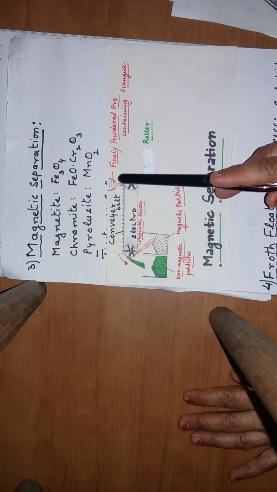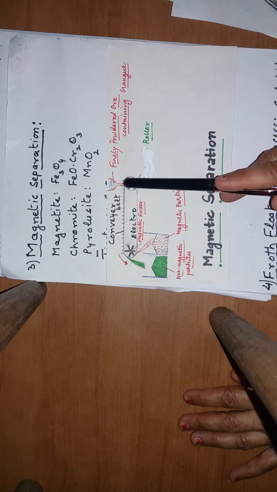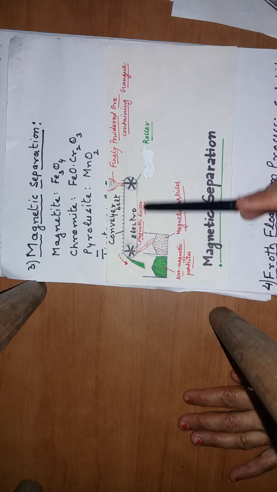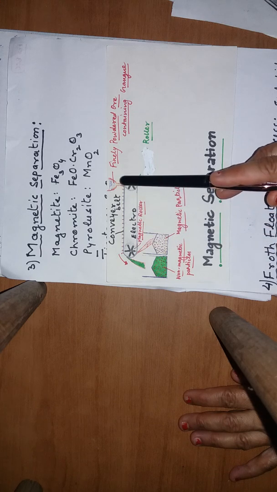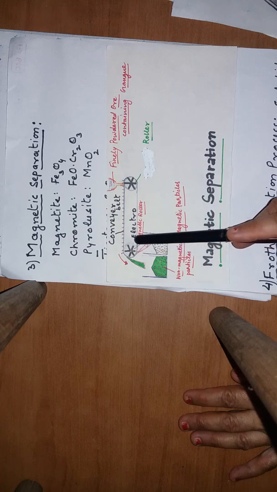We put the finely powdered ore in this funnel, and the ore comes from the funnel onto the conveyor belt. When this conveyor belt rolls, the ore also rolls along with it.